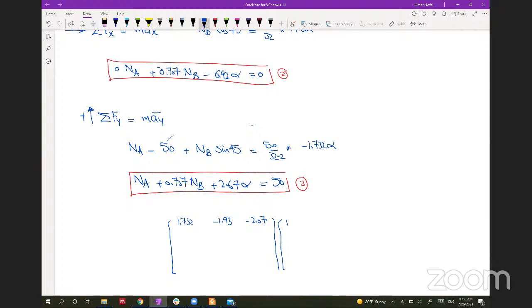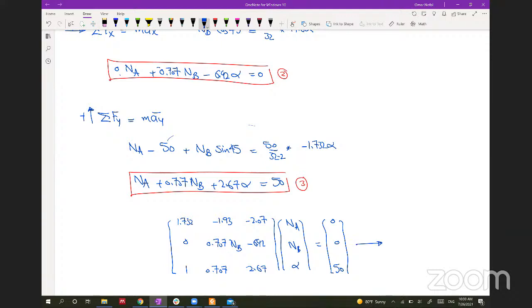And we will have NA, NB, alpha, and this is 0. And the second equation is 0.707 NB minus 6.92. And the third equation is 1, 0.707, 2.67. This is 0 and this is 50.